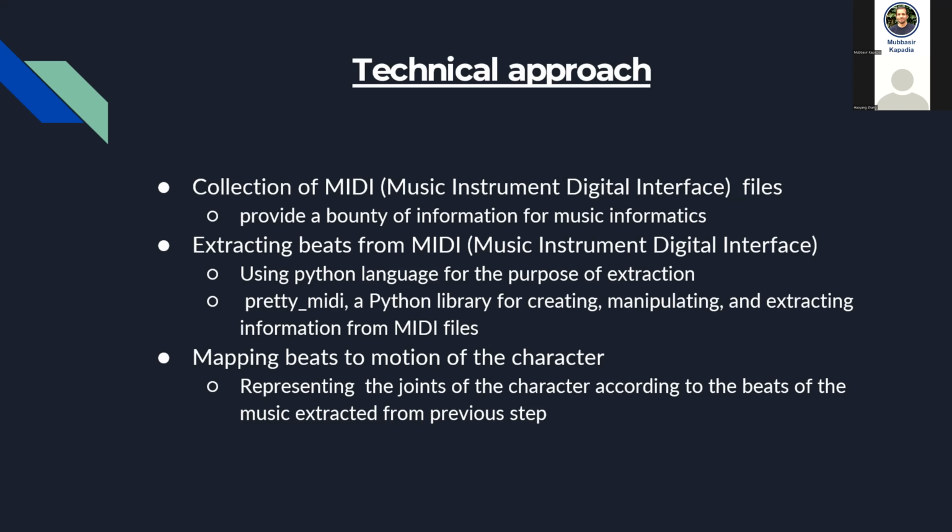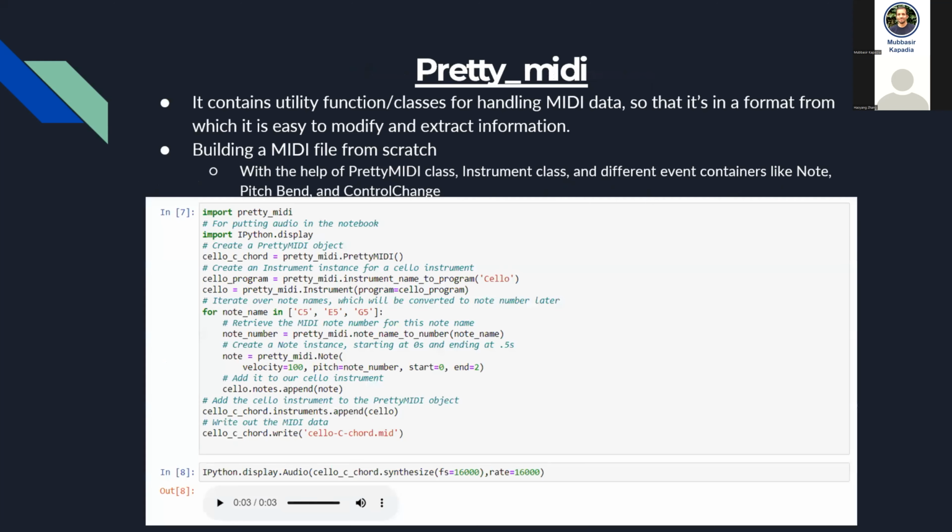Now I'll talk about the Pretty MIDI package in Python. This library is also very useful for creating MIDI files from scratch. Instead of depending on the internet to collect MIDI data, we can use this package to create our own MIDI files.